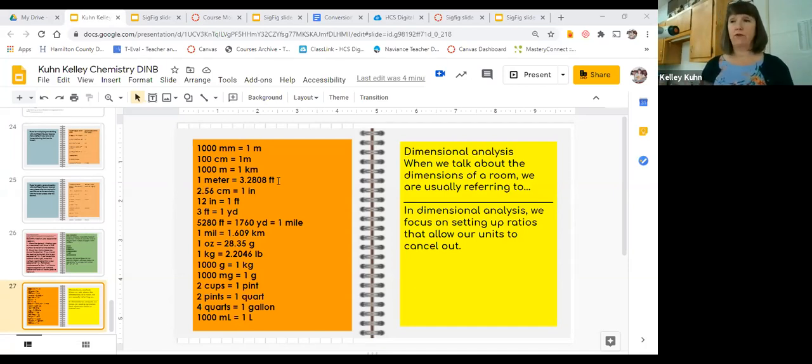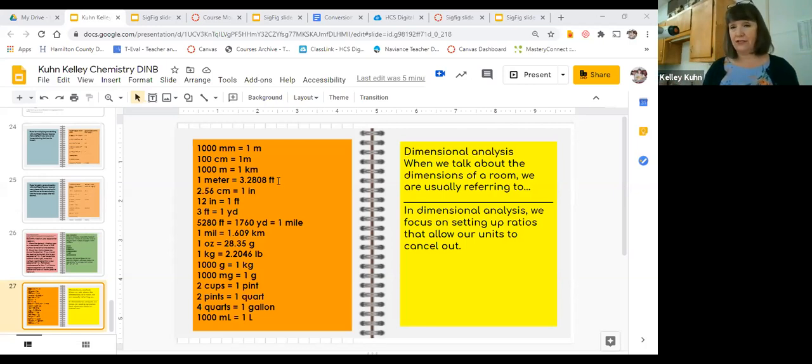So if we were talking about the dimensions of this classroom, we have the handy floor tiles, which are each a foot. We could count the tiles across and the tiles lengthwise to get our length by width, and then we could probably use a yardstick to get our height. And we would be talking about feet, right? That would be our dimensions for this room.